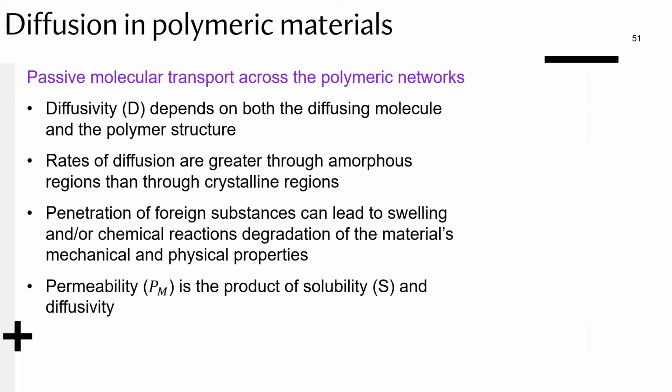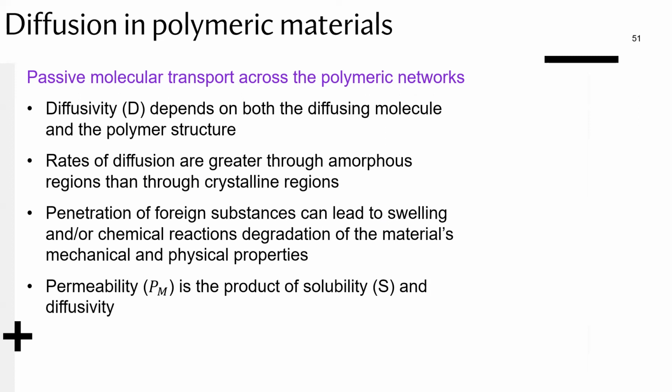This happens passively through a particular interface. Diffusion, as with any other material, also happens with polymers. So you can have molecules that are trying to cross a polymeric wall and diffuse through.